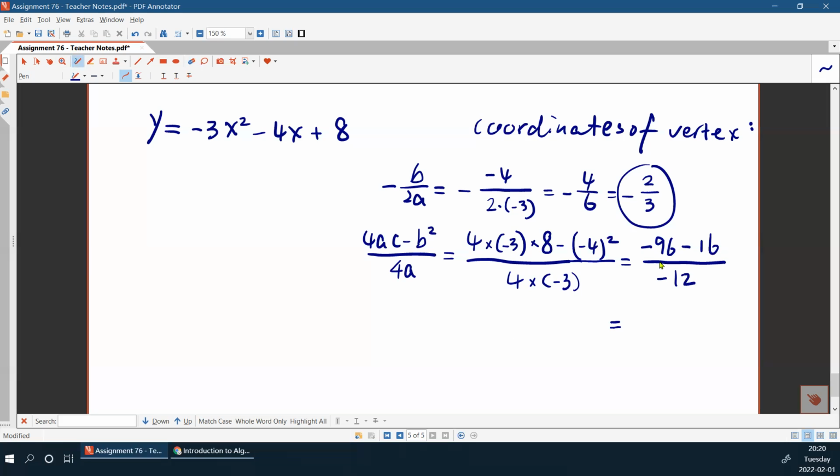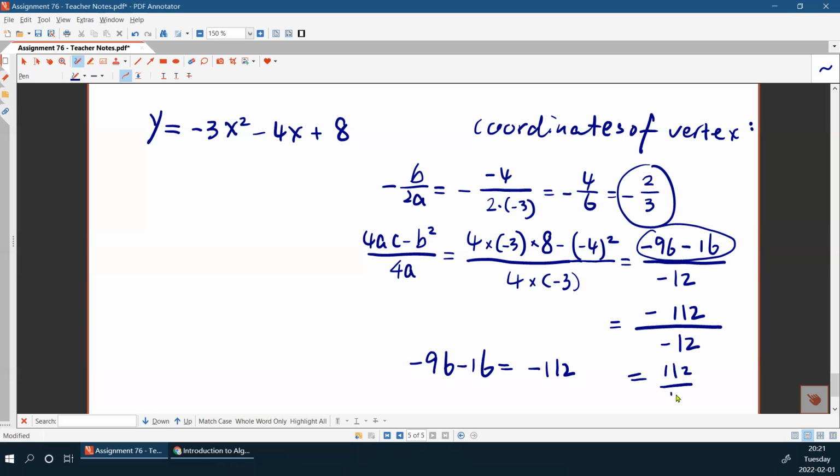Okay, then simplify. The numerator is negative 112, and then negative 12.